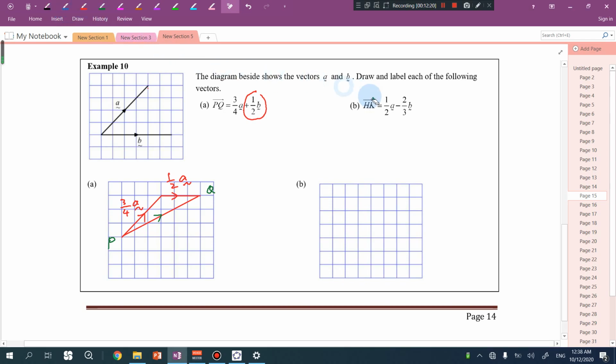Okay, now let's go to this 1 over 2a first. 1 over 2a means half of this. This is 1, 2, 3, 4, 1, 2, 3, 4. Half of it will become 2, 2, right? So now I'm going to draw this vector. I don't want to start from here. Why? Because I see this negative 2 over 3b, which means go this way.